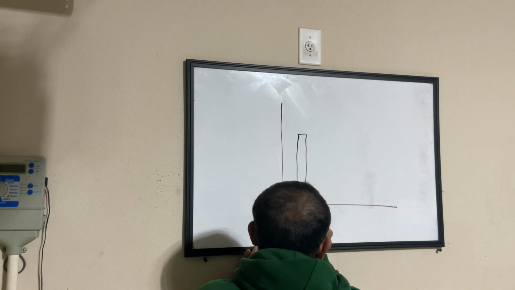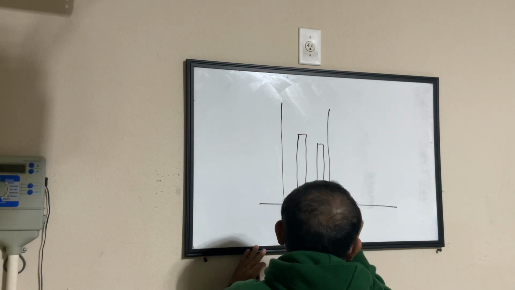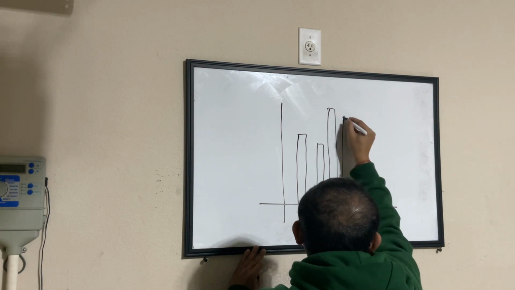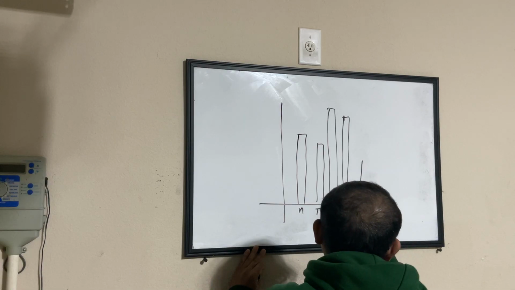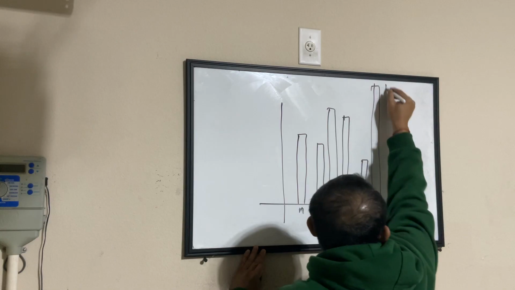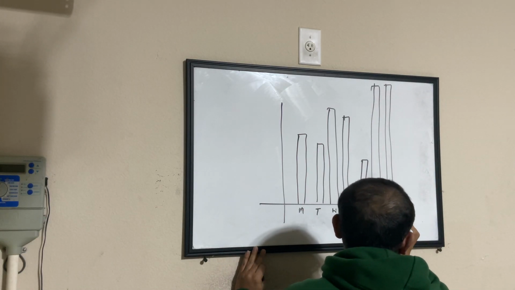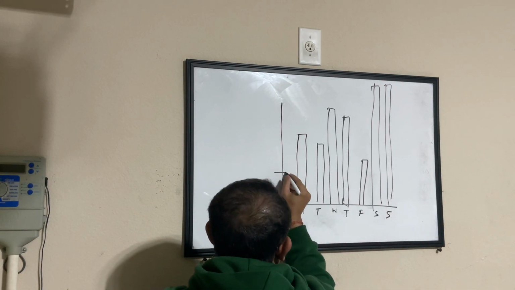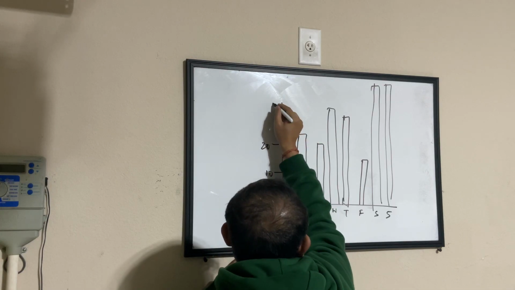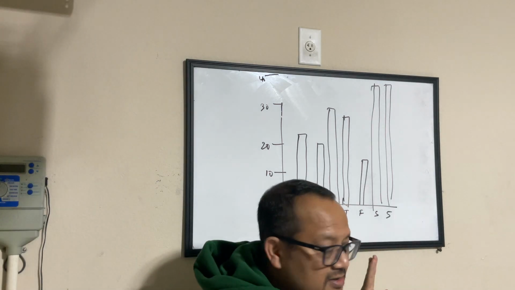This was Monday, this was Tuesday, this was Wednesday, this was Thursday, this was Friday, and weekends are so hot. Thursday, Friday, Saturday, Sunday. And this is, let's say 10, 20, I'm talking in Celsius right now, okay? This is 30 and this is 40 in Celsius.